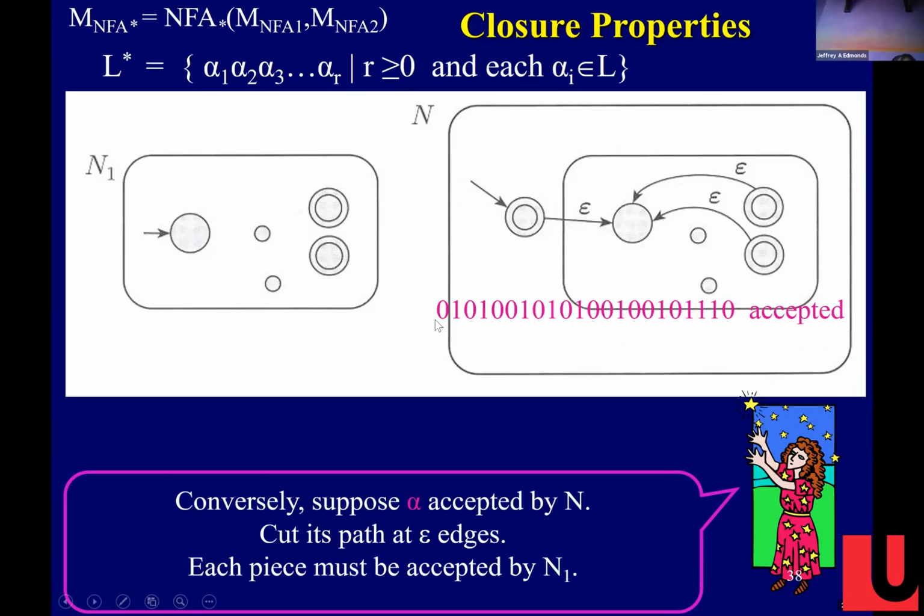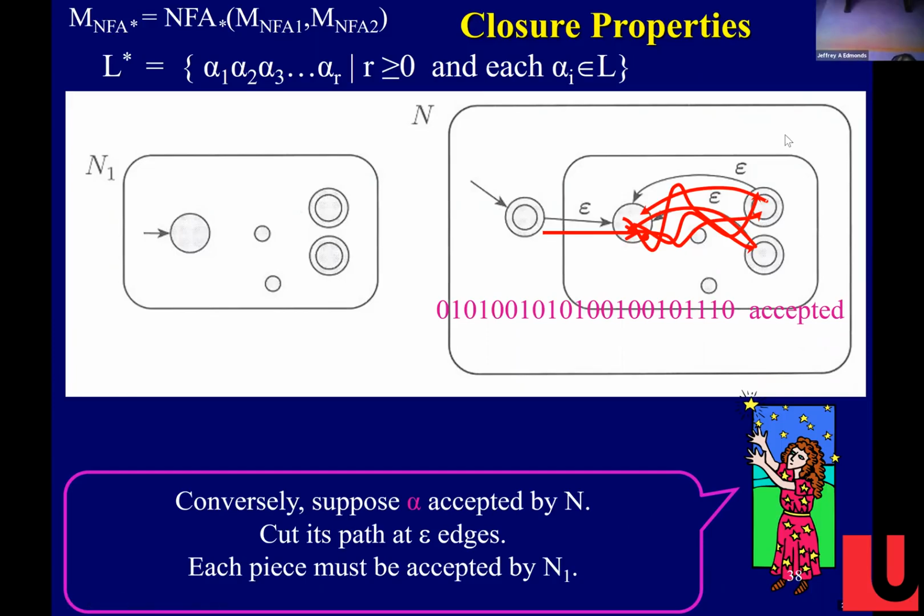Well, I start by running the machine. I know if it's accepted by this machine, there's some big crazy path that goes from the start state all the way to an accept state. That's the definition of this machine accepting the string. And so I'm going to take this path and break it up into pieces.